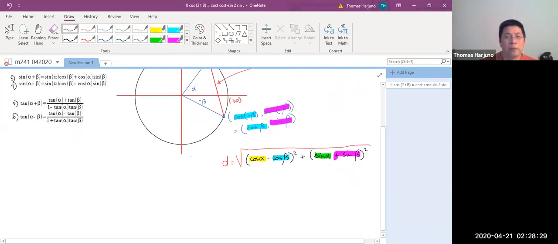Now I will develop this formula. So d is equal to the square root of cosine squared alpha, minus 2 cosine alpha cosine beta, plus cosine squared beta.